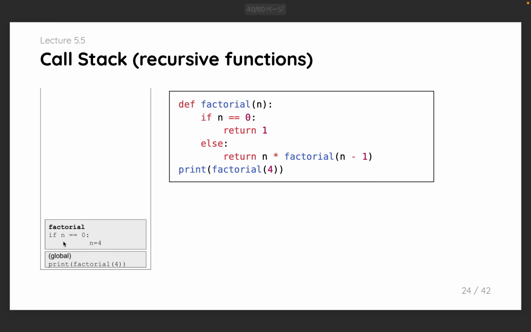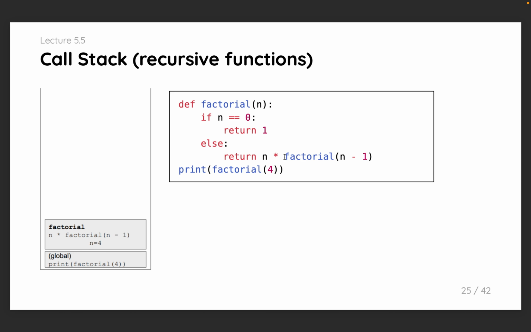First, we go over here. So we call the factorial function, 4 is not equal to 0, so it looks inside this branch. So it has 4 times factorial of 4 minus 1. N is equal to 4, so this is 4 times factorial of 3.